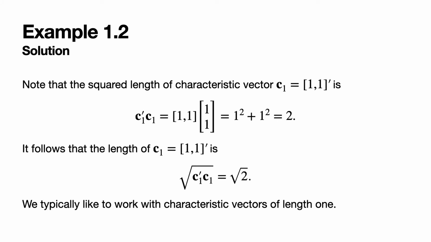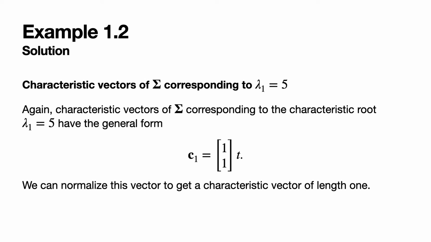Note that the squared length of characteristic vector C1 is equal to 2. And since the squared length is equal to 2, the actual length is the square root of 2. Now, we typically like to work with characteristic vectors of length 1, and so let's find that now.